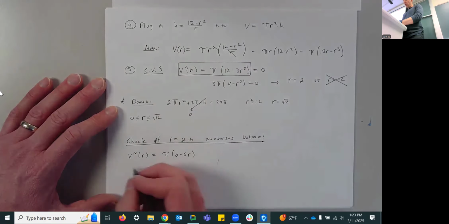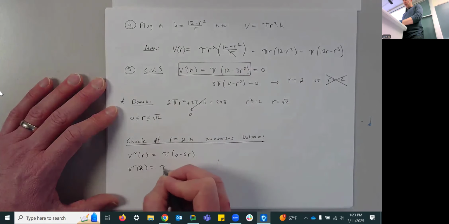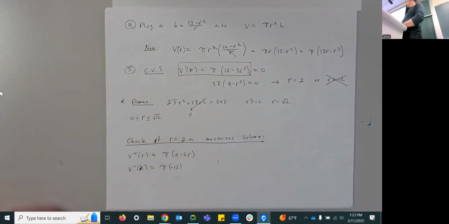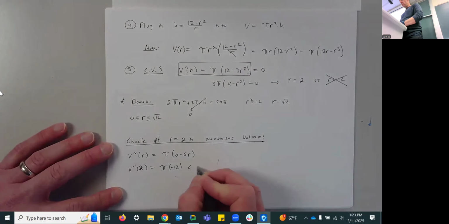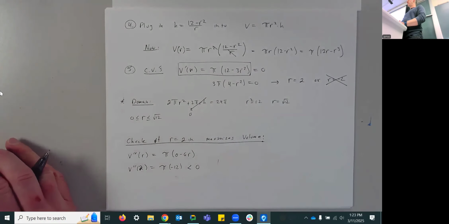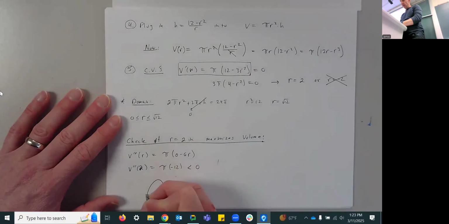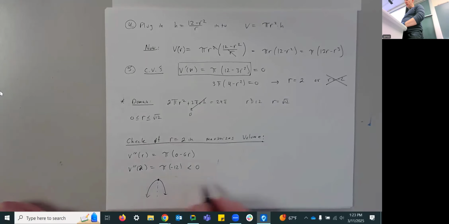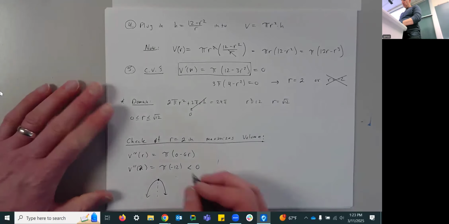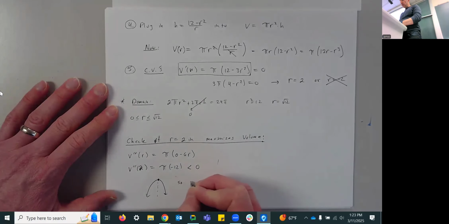And then if you plug in 2, V double prime of 2 is pi times negative 12. Our second derivative is negative, which means the function is concave down, which means we have a maximum. So the second derivative being negative means we do have a maximum. So yes, r equals 2 maximizes the volume.